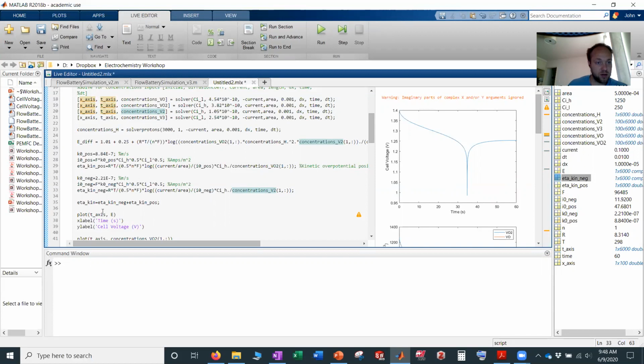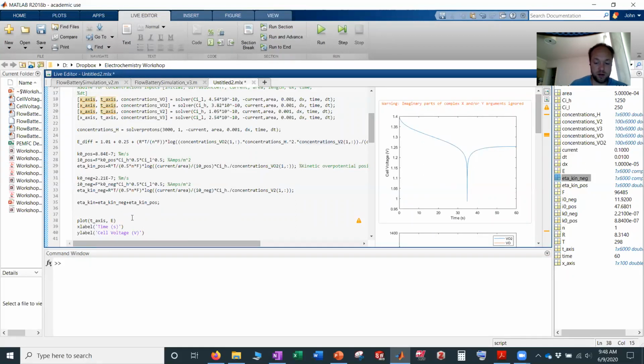So then we could do a couple, right? We'll plot E diffusion. We'll do hold on, and let's do another one where we do the voltage just from kinetics and diffusion. So E kinetics will be equal to E diffusion minus eta kinetics.